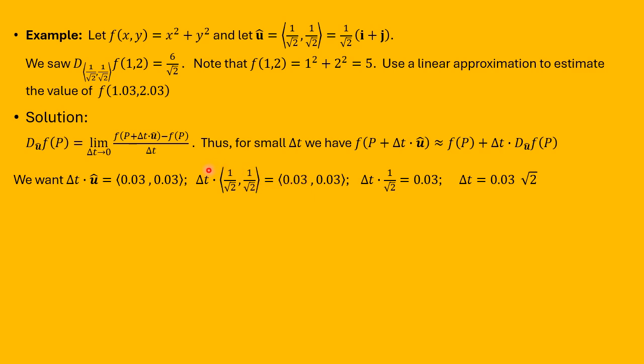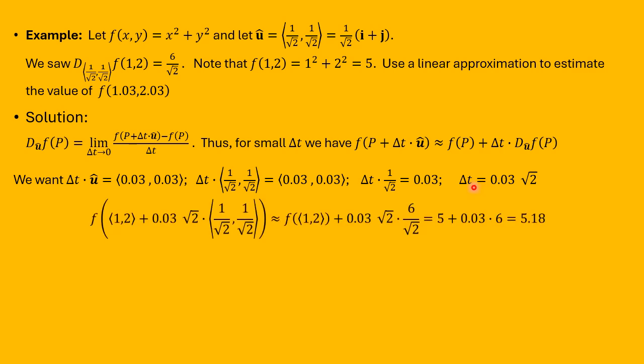For the first component, delta t times 1 over the square root of 2 is 0.03. Secondly, it has to satisfy delta t times 1 over the square root of 2 equals 0.03. Same equation. So for this particular direction, we can solve this. Multiply both sides by the square root of 2, and we get delta t is 0.03 times the square root of 2.